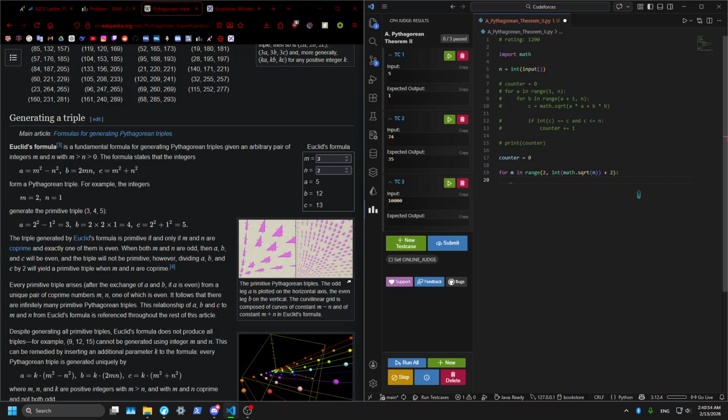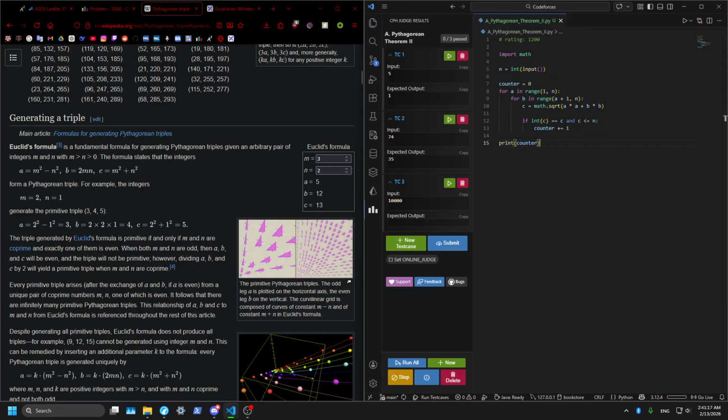You know what? I might just not implement this. This seems very niche. And I think the intended solution was just to brute force it with a quick language. It is an A question.